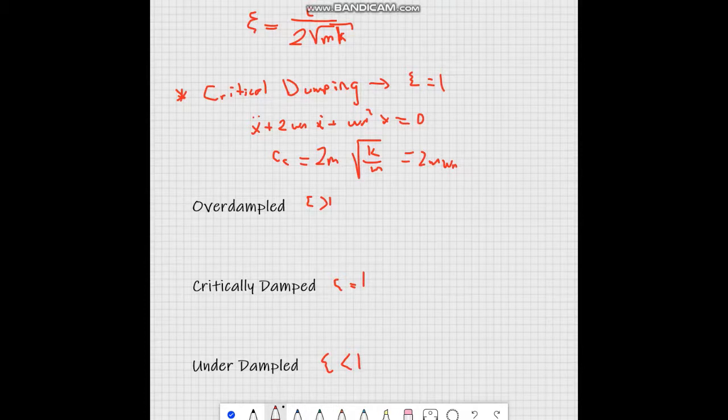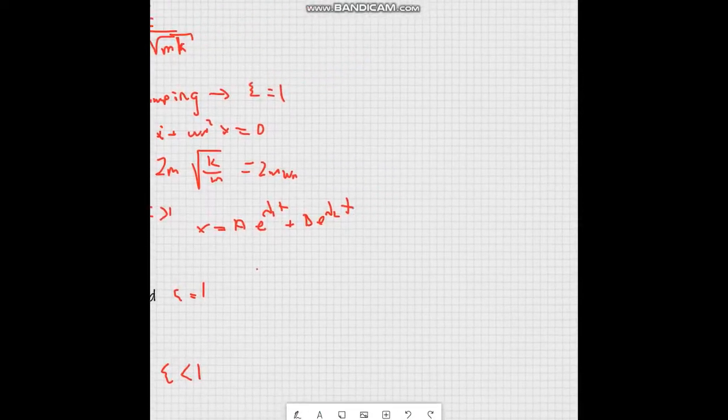If it is overdamped, our x solution is A multiplied by exponential lambda 1 t plus B exponential lambda 2 t. So what are lambda 1 and lambda 2?